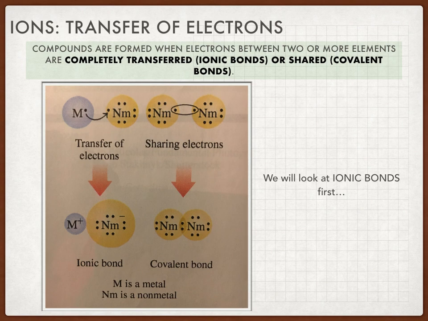See that arrow? Now the metal that lost the electron has a plus charge, and the nonmetal gained an electron, so it has a minus charge, and the electrostatic interaction between the two is an ionic bond.